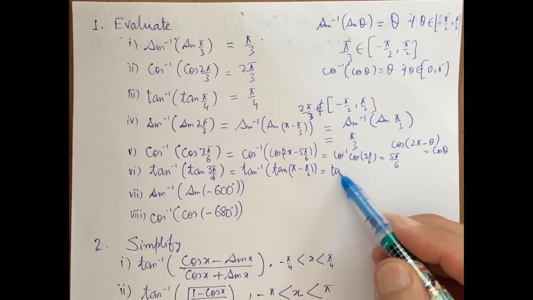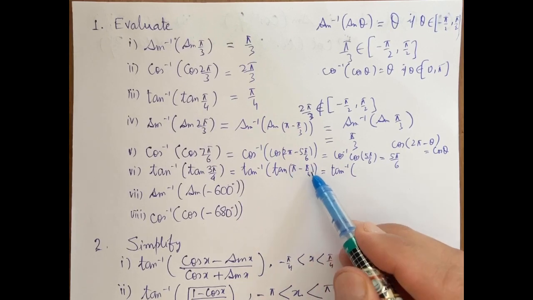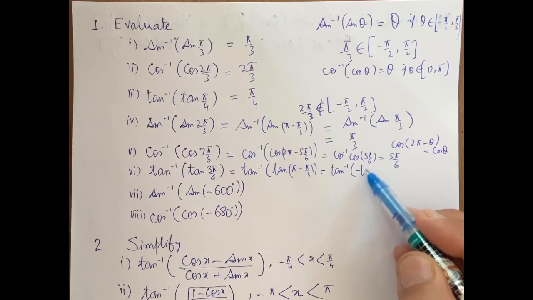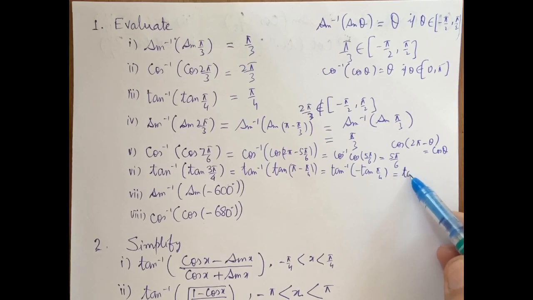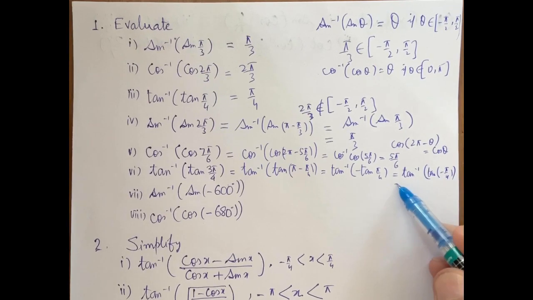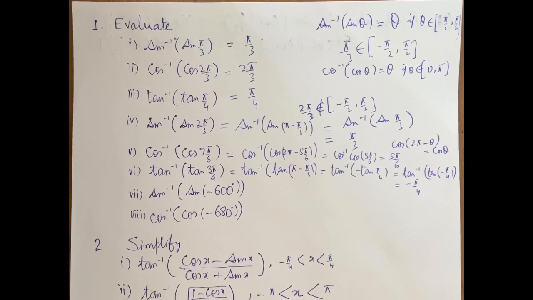This is tan inverse of, now tan of pi minus theta is minus tan theta, minus tan of pi by 4. This can be written tan inverse of tan of minus pi by 4, which is minus pi by 4. This belongs to the open interval minus pi by 2 to plus pi by 2.